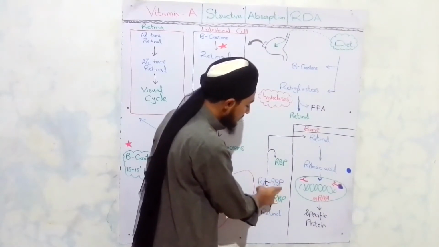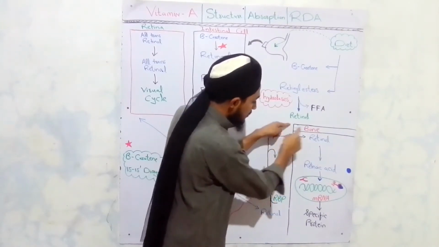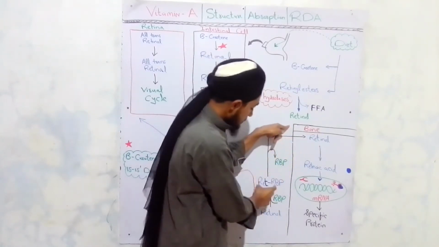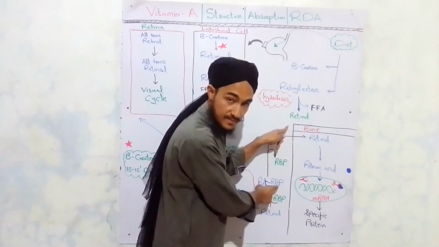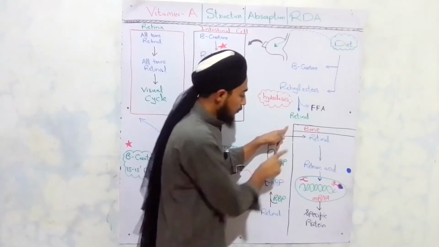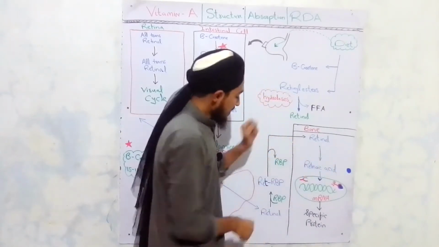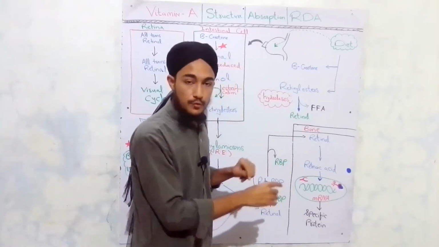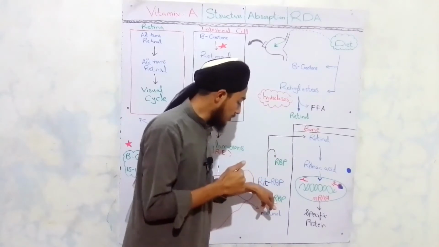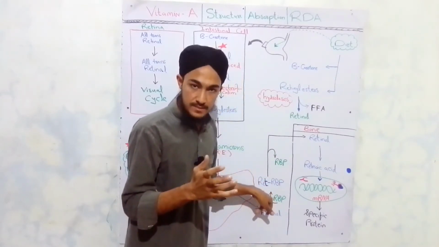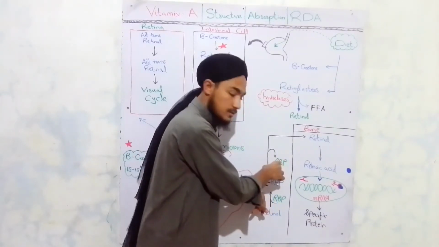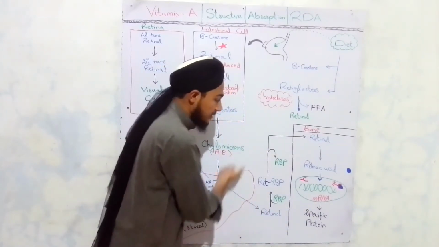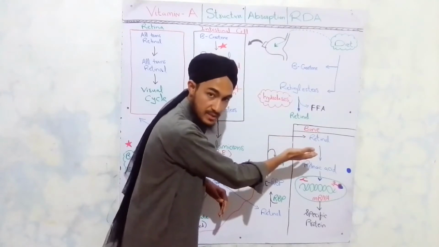Then this RBP complex will move to the peripheral side of the cells, and out of the RBP complex, only the retinol will move into the interior of the cell, and the retinol binding protein will get detached from the retinol RBP complex. This RBP will move back and will get another retinol and transport it to the target tissue in the blood plasma.